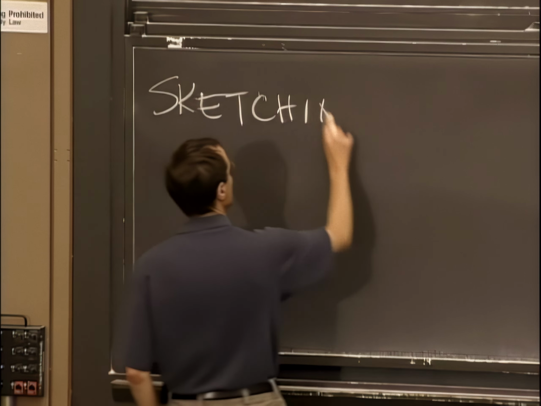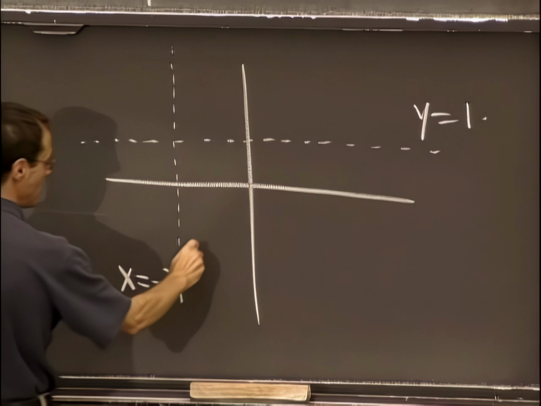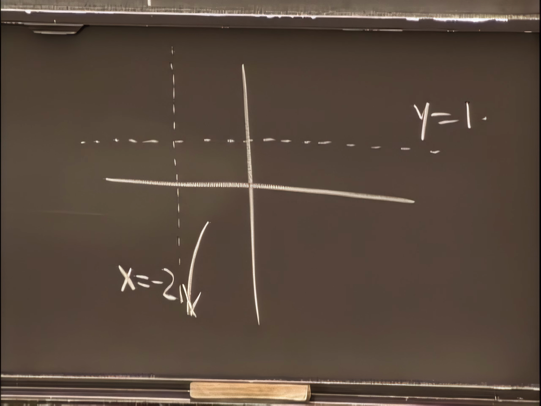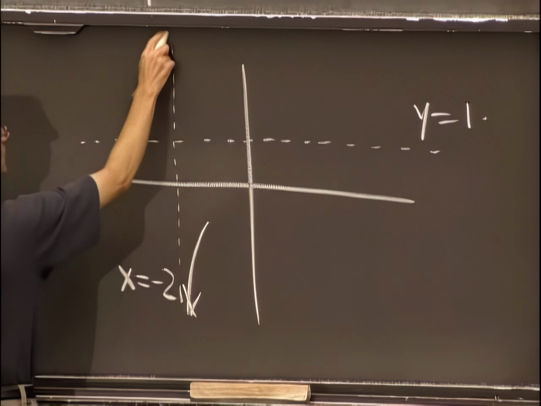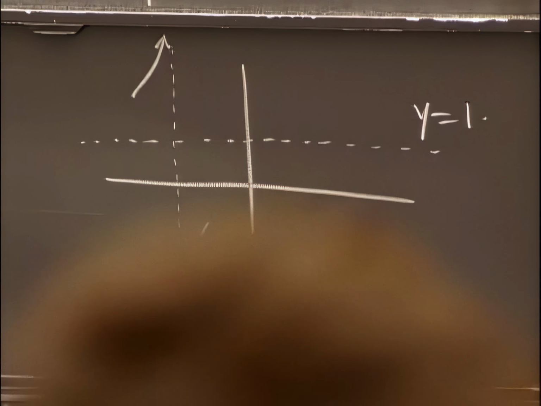Well, the information that I have so far is that when we're coming in from the right, that's this to -2, it plunges down to minus infinity. So that's down like this. Okay? And I also know that it goes up to infinity on the other side of the asymptote.